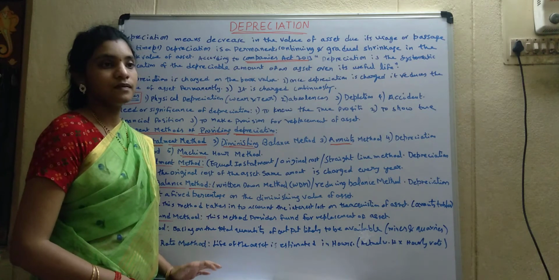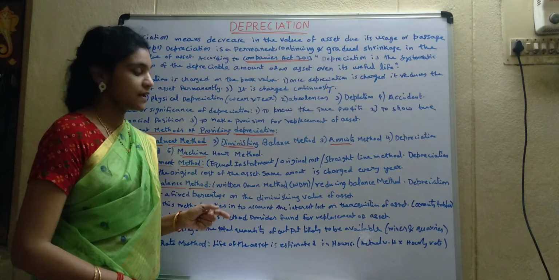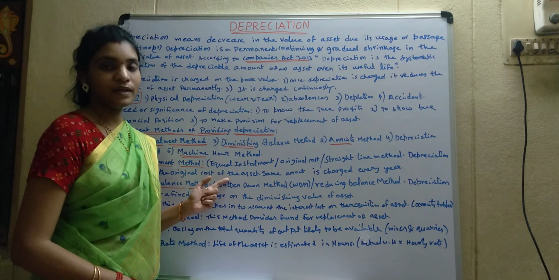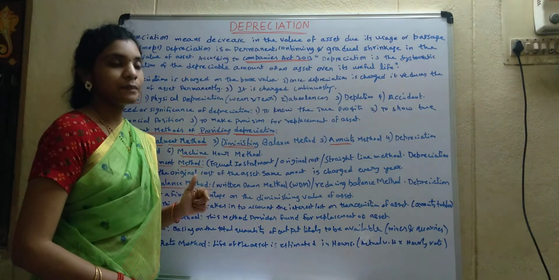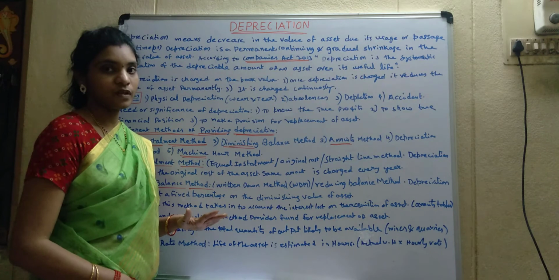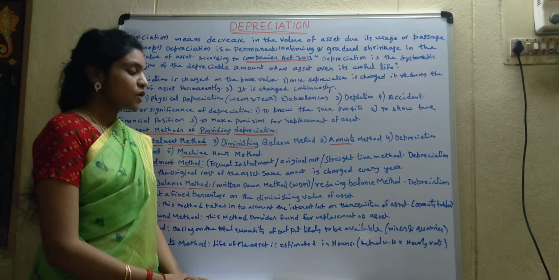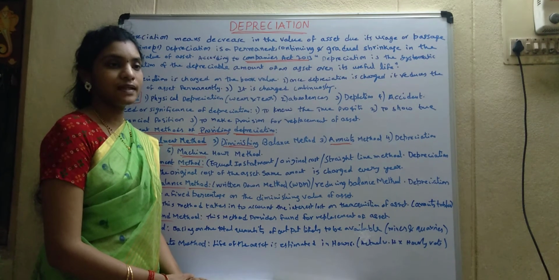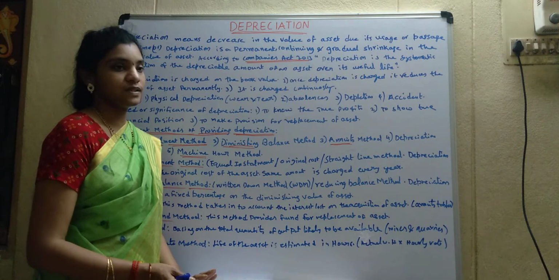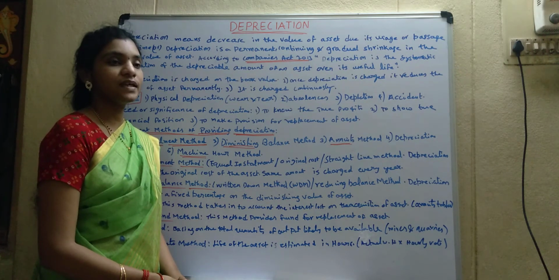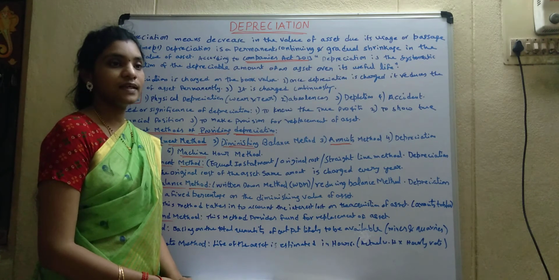For example, let's take the same example as in the first method. The value of the asset is 1 lakh and the depreciation is 5,000. In the first year we reduce 5,000. In the next year, what is the value of the asset? 95,000, isn't it?